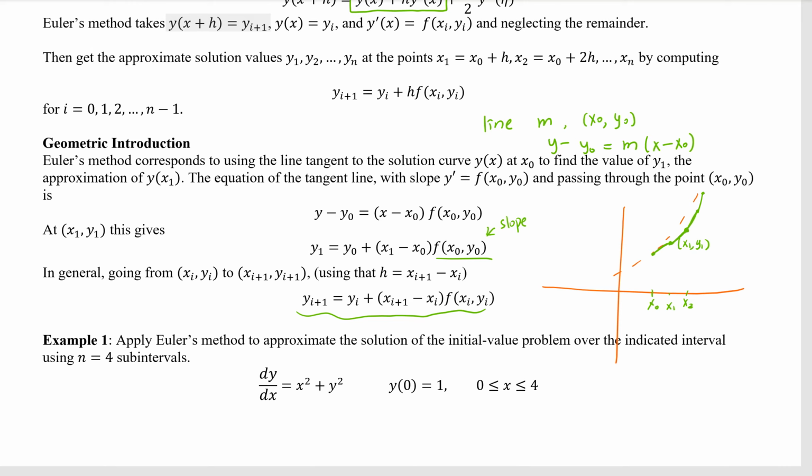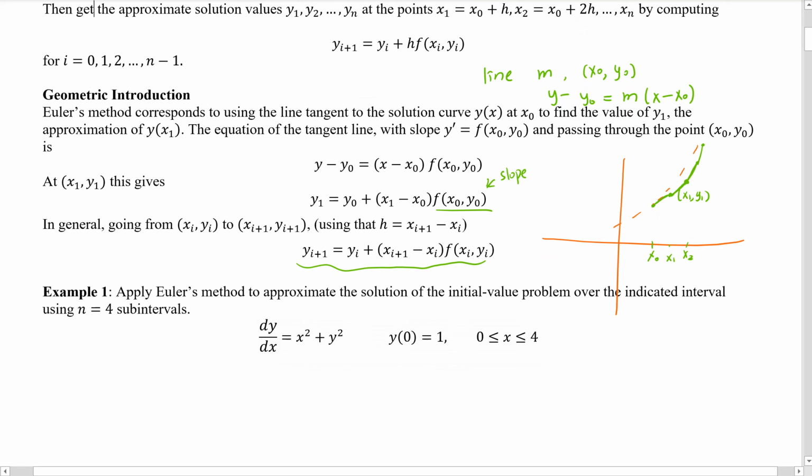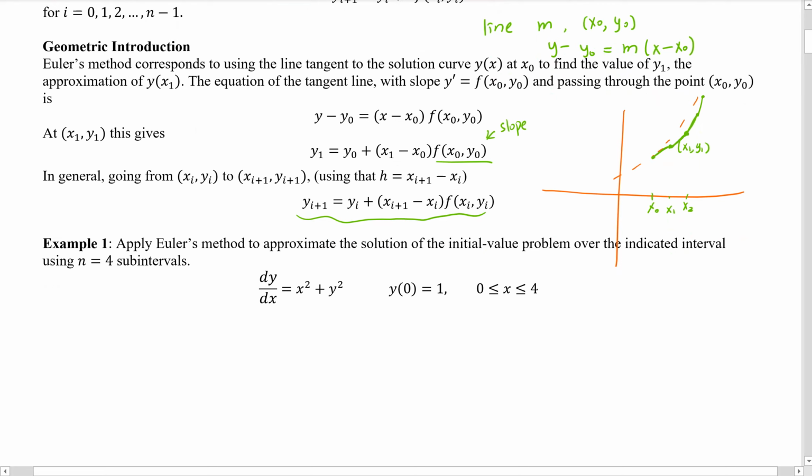Okay, so let's apply Euler's method to approximate the solution of an initial value problem over the indicated interval using n equals 4 subintervals. So what we do here, first, we want to draw an interval. This interval, x is from 0 to 4, and we want to cut it into 4 subintervals.